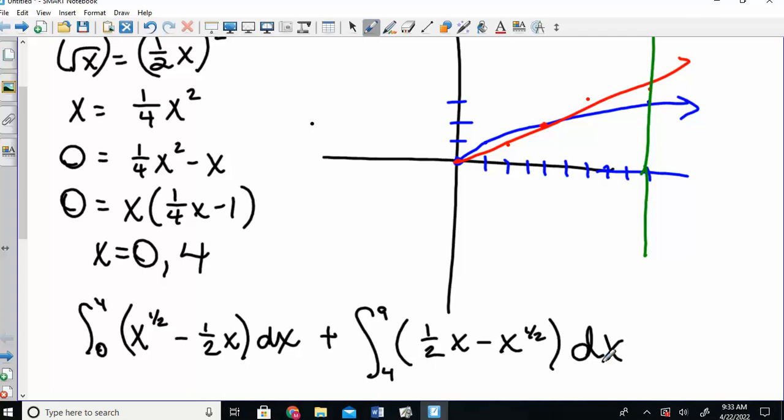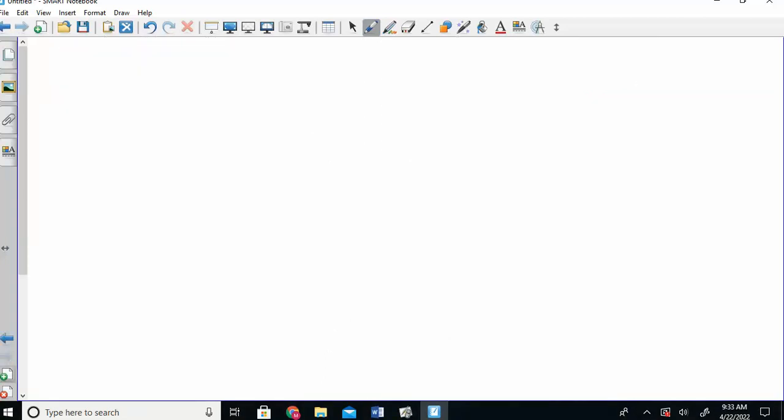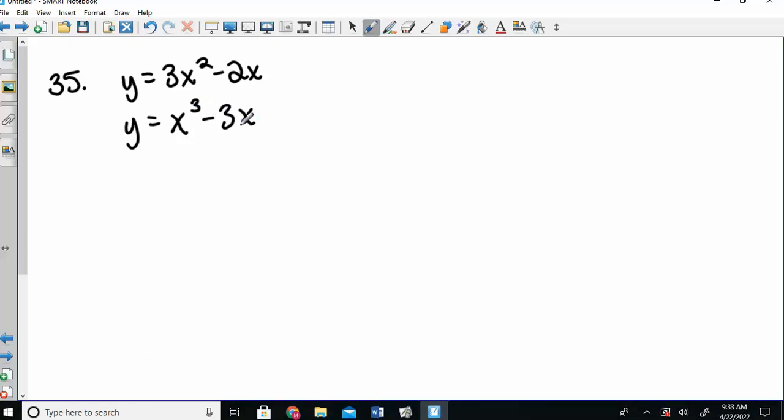Okay, so then I told you I wanted to talk about 35 together. So we have, okay, if you read the directions on these, it says use a graph to find approximate x coordinates of the points of intersection.